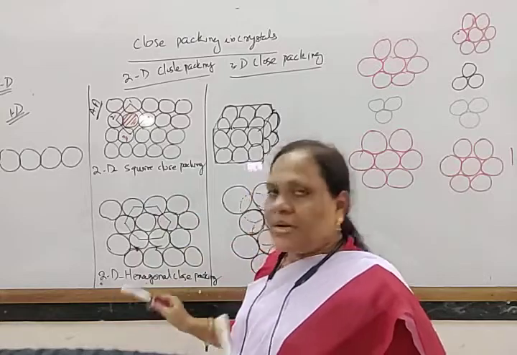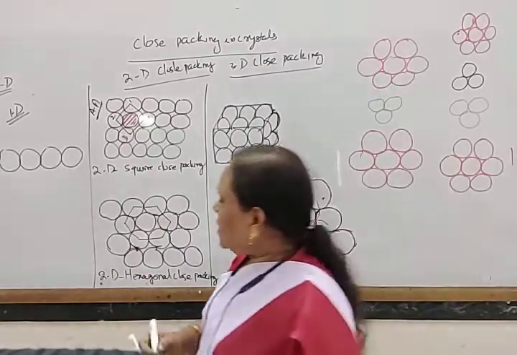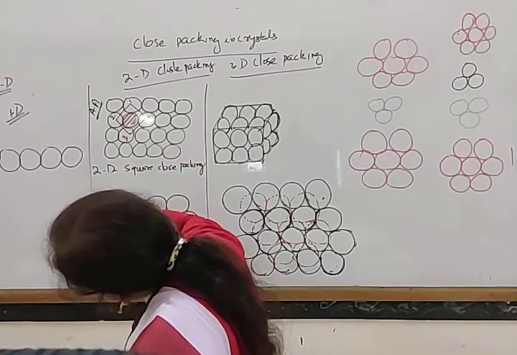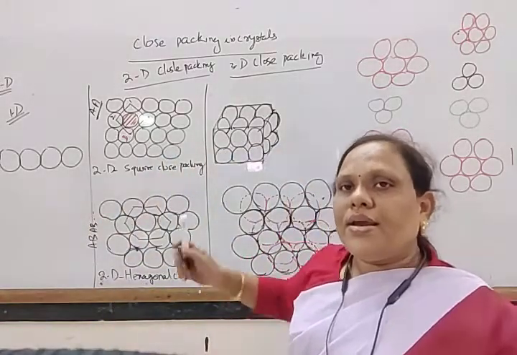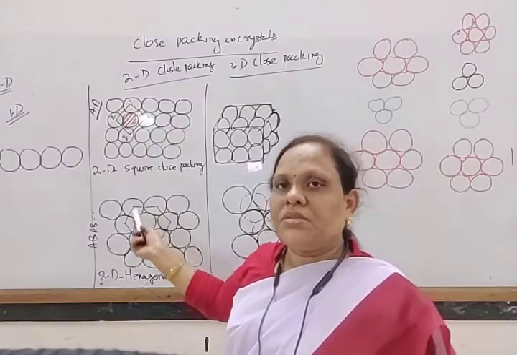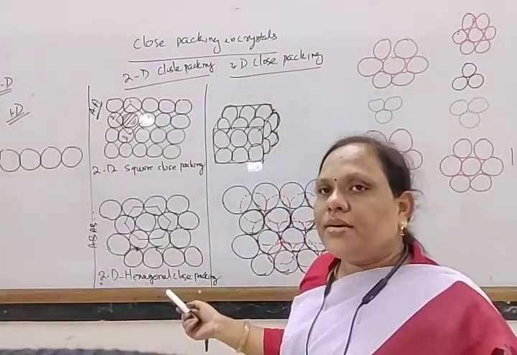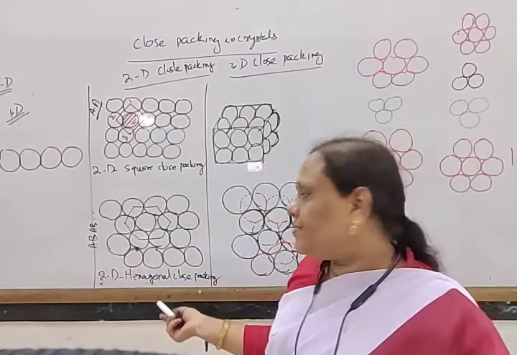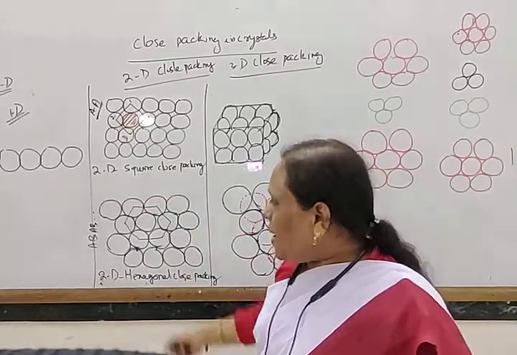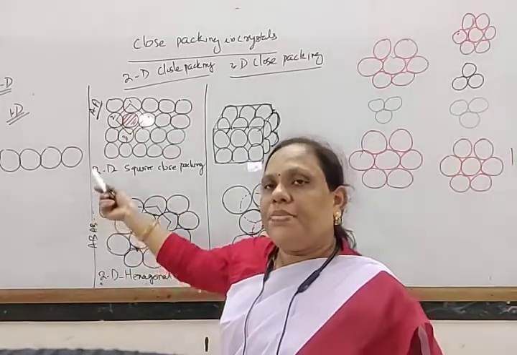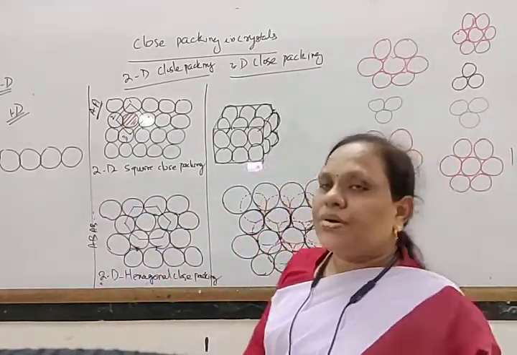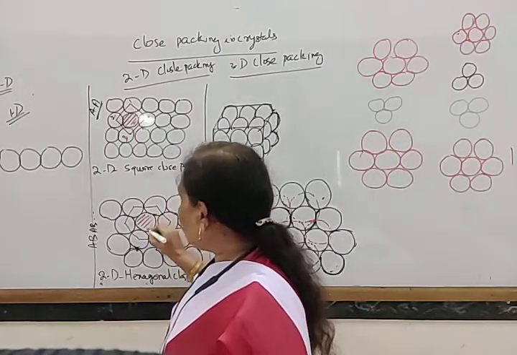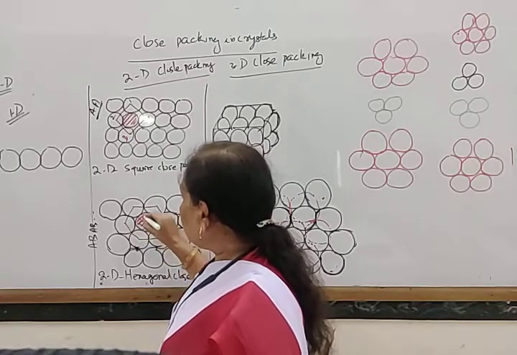This is called AB, AB type arrangement. Here, any sphere is in contact with 6 other spheres.